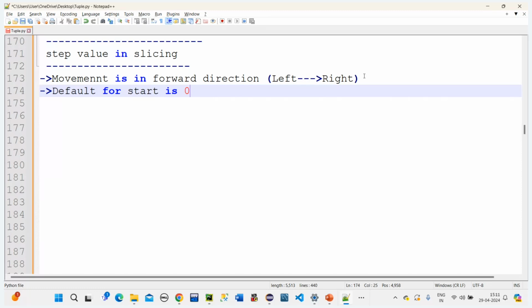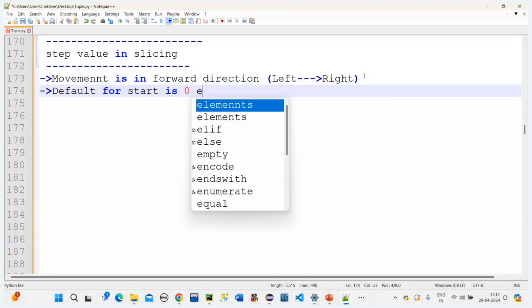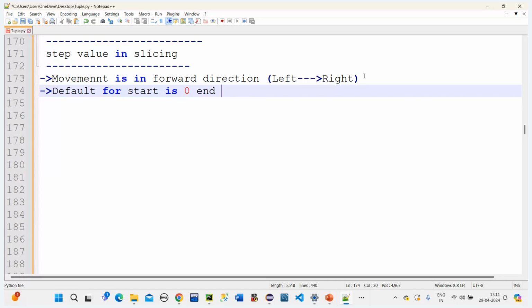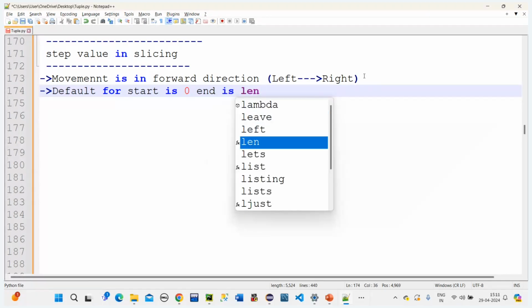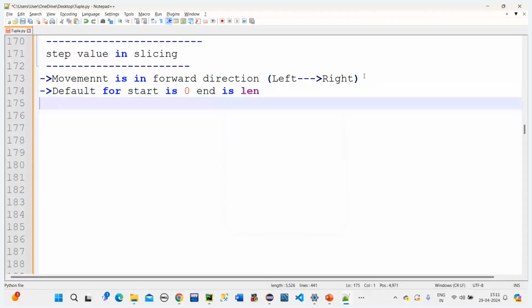When it is not given, it is default as 0. And if the end is also not given, then the end is length. It will take the total. So by default start is 0 and end is the length of it. So that is the second point.